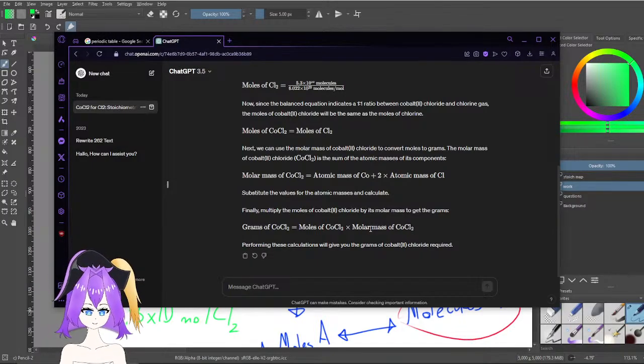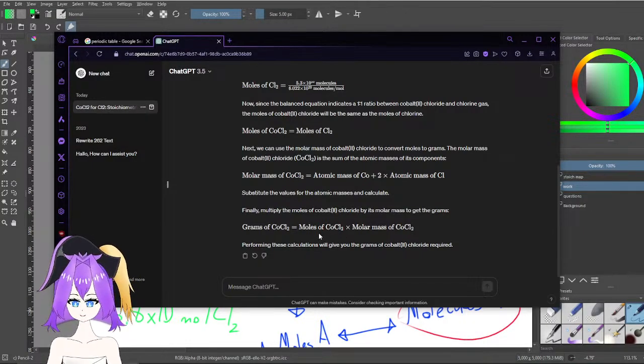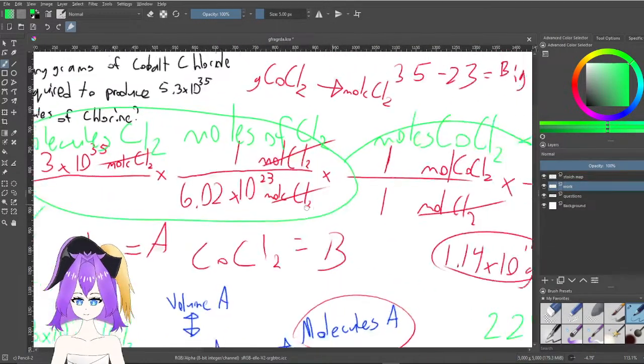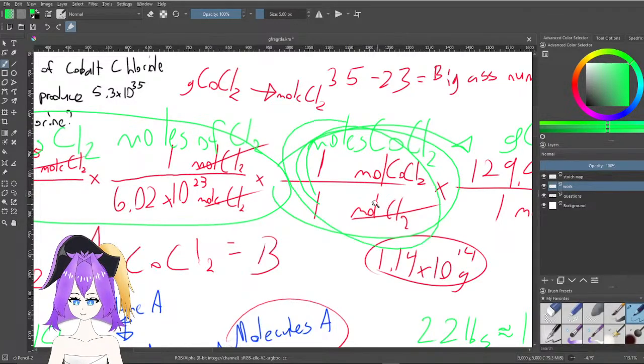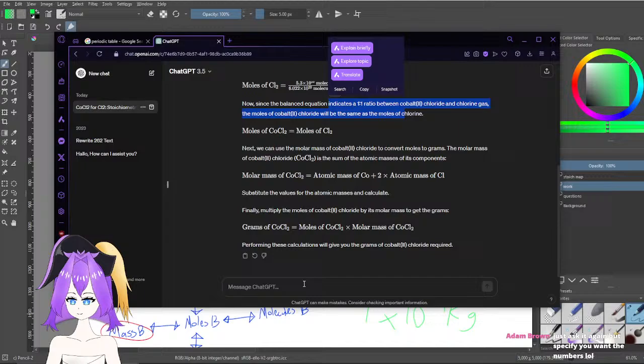It knows I'm trying to cheat on my homework. Well, not cheat, but it knows I'm trying to check my work. But all of my work is perfect, because there's a 1-to-1 ratio, which I have expressed here, right? Just ask it again, specify you want the numbers. Let's try that.